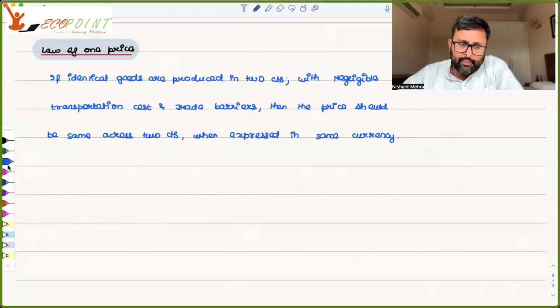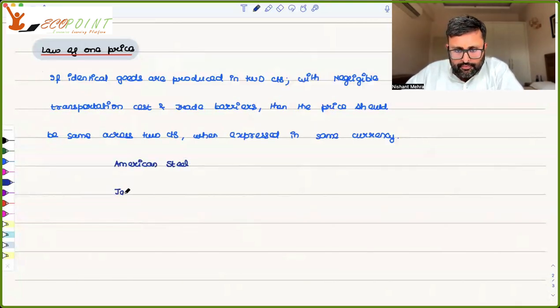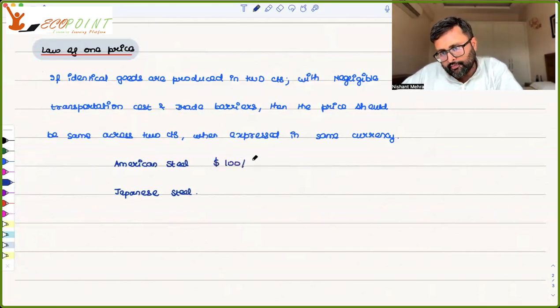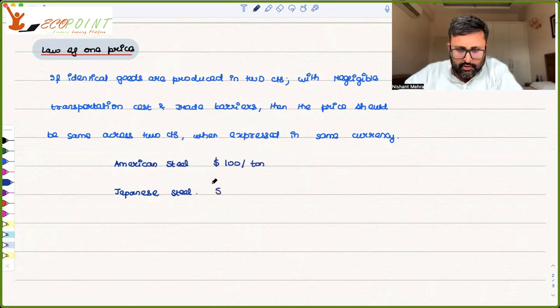So we are taking an example in which there is an American steel and there is a Japanese steel. American steel is costing $100 per ton, while Japanese steel is costing 10,000 yen per ton.